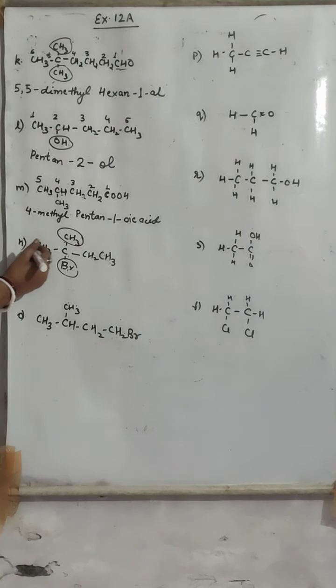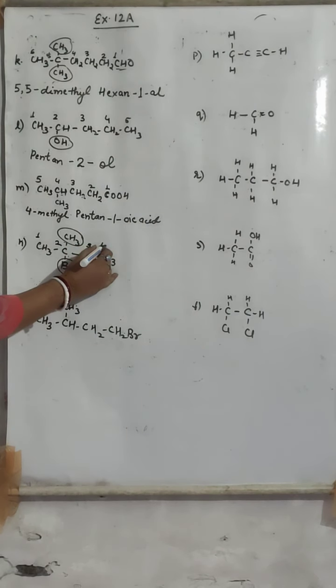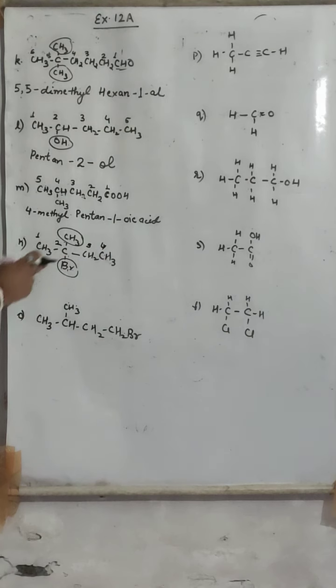So from where they will get the smallest possible number, that is 1, 2, 3 and 4. Now what is present at second? Methyl. And what else is present? Bromine. So bromine starts from B and methyl starts from M. So we will tell bromine first and then methyl according to the alphabetical order, because this we name in a prefix.